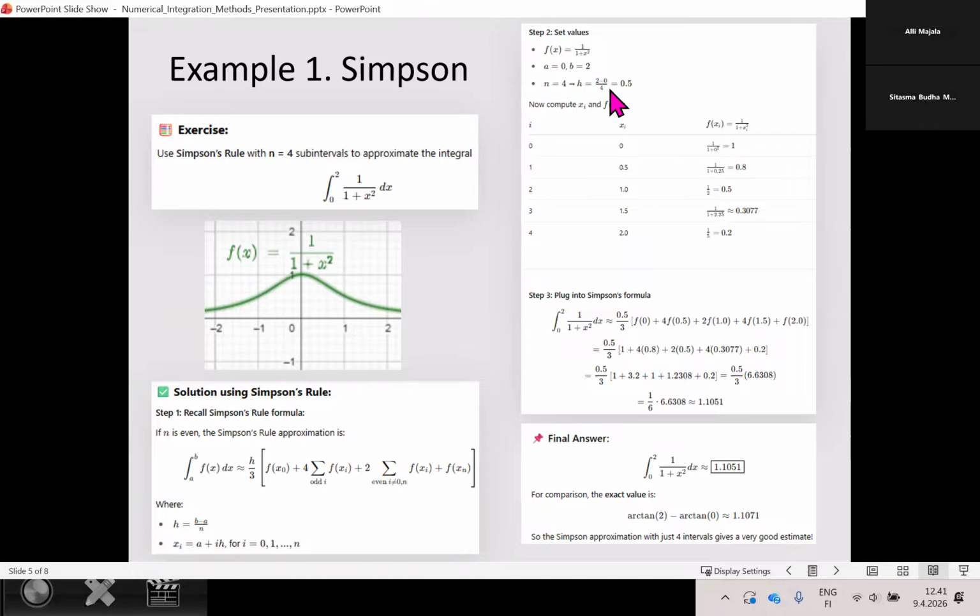Then you calculate the width of each interval, that would be this h. Then you get the function values at the first, second, up to the fourth point, and then you just calculate the approximation. And then you can compare it with the exact value as well. And of course, you can still make the intervals smaller if you want an even more exact value.